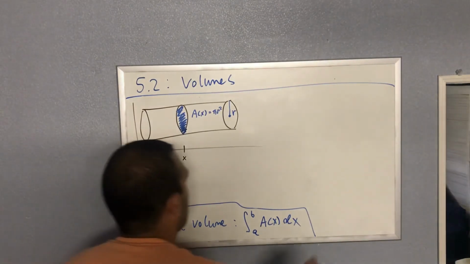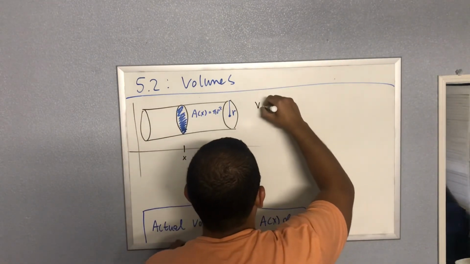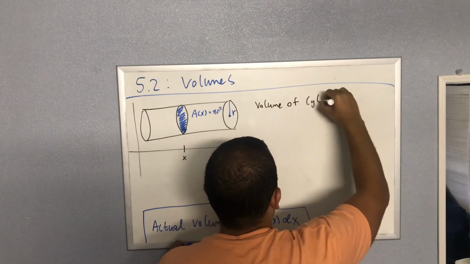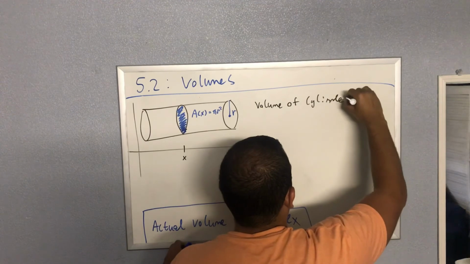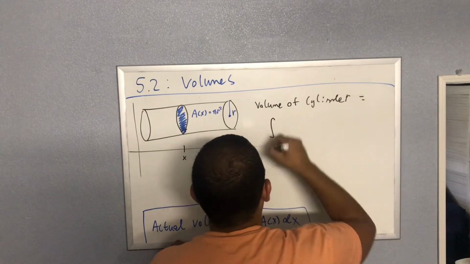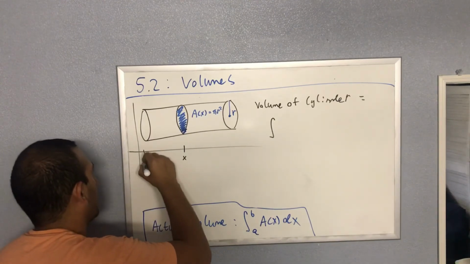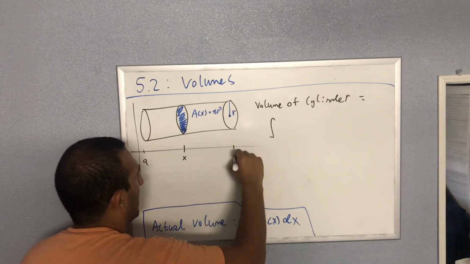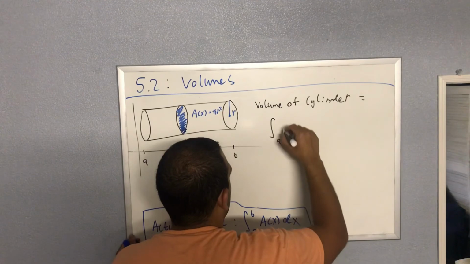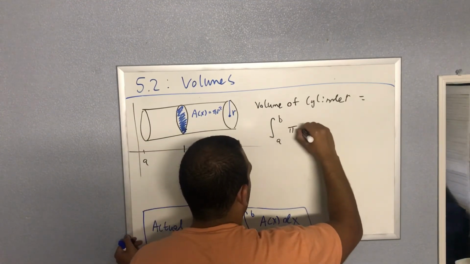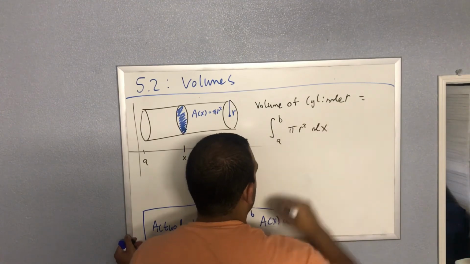And so we get that the volume of the cylinder is going to be the integral from, we can call this point A and this point B where it ends, the integral from A to B of pi r squared dx.